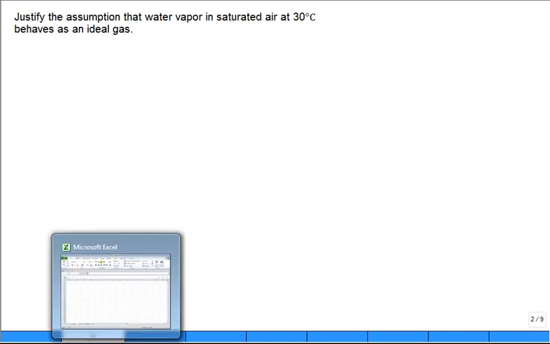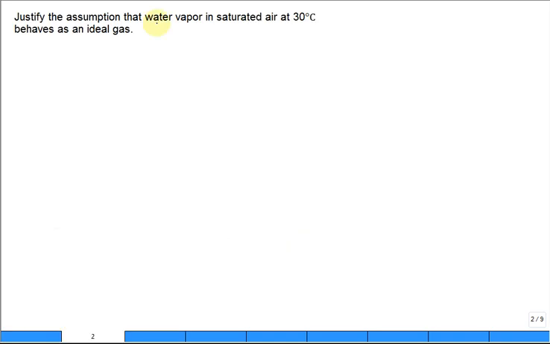Last time I talked about justifying the assumption that water vapor behaves as an ideal gas, even in saturated air, at relatively high temperatures. We justified it by taking the specific volume from some experimental measurements or from tables, a source that doesn't depend on the ideal gas assumption, and comparing that with the ideal gas estimate of the specific volume, and we normalize that.